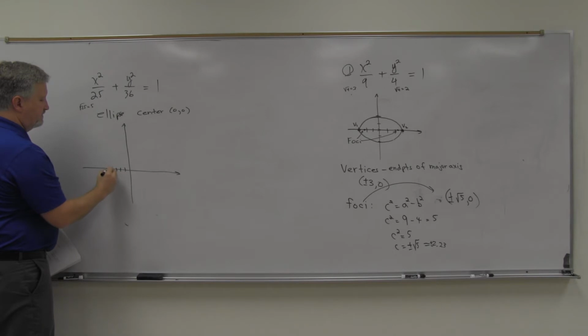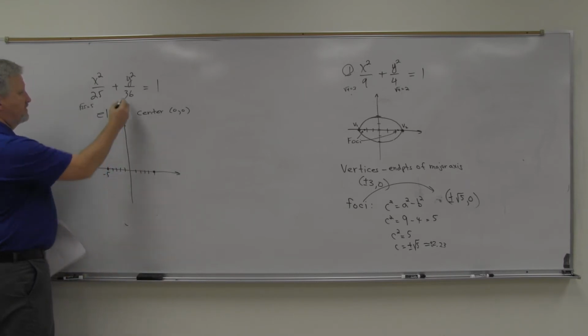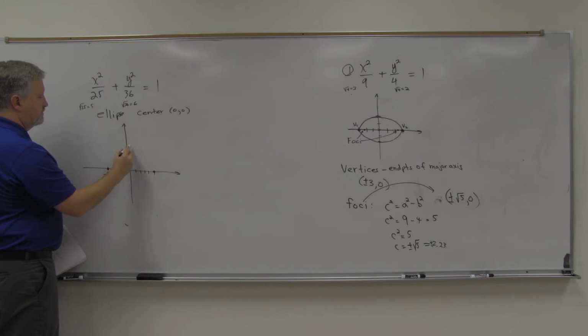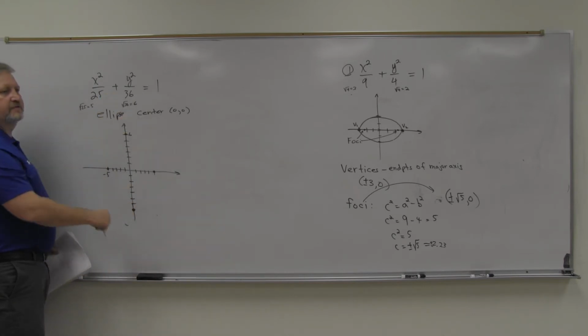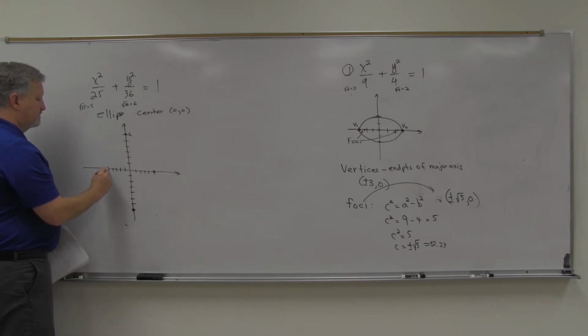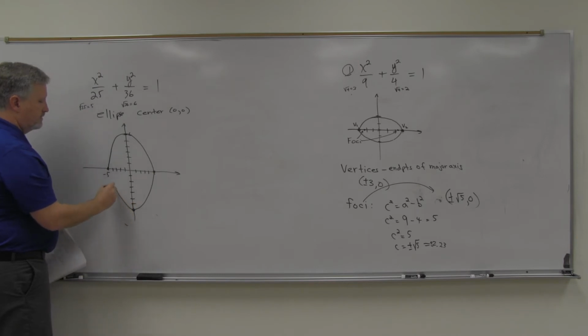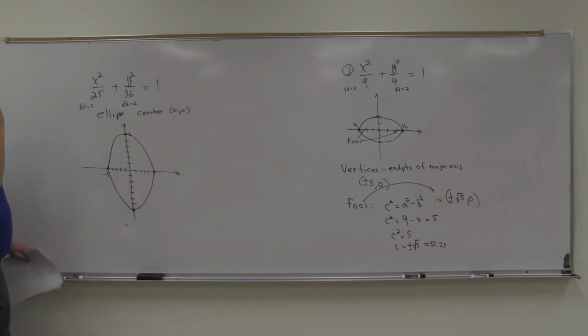So 1, 2, 3, 4, 5, back. 1, 2, 3, 4, 5, forward. And the y, square root of 36, so we go out 6, and then down 6. So this one's major axis is taller than it is wide, so we get the ellipse that's longer this way than it is wide.